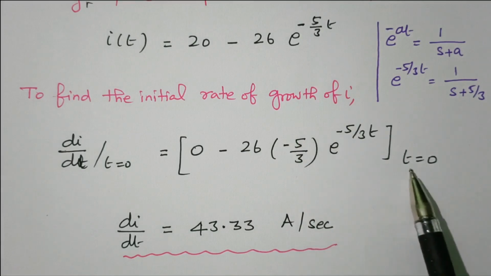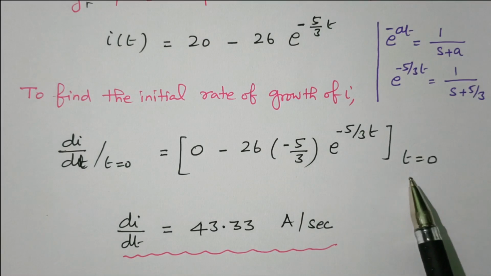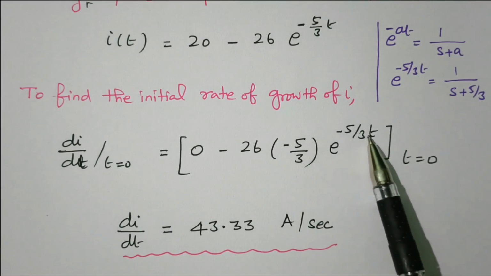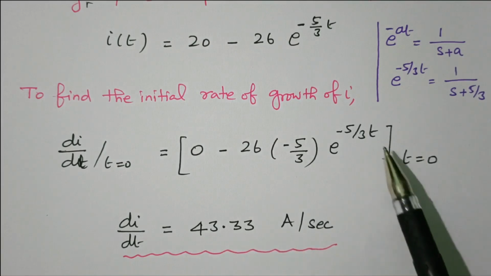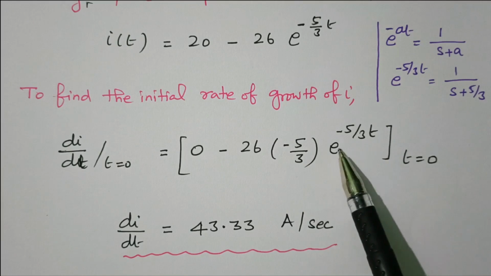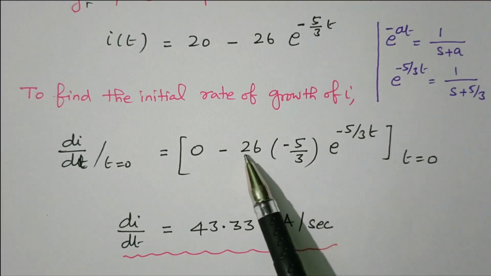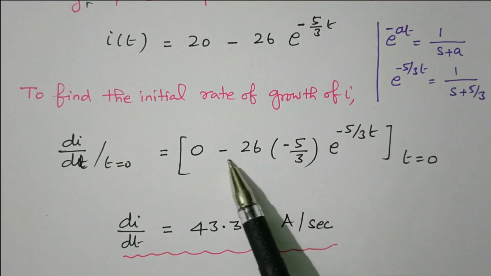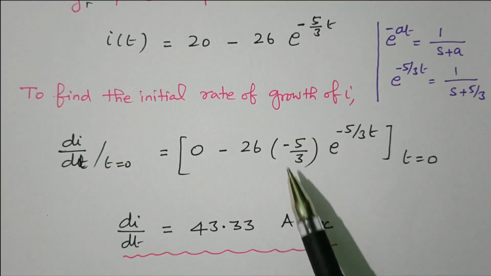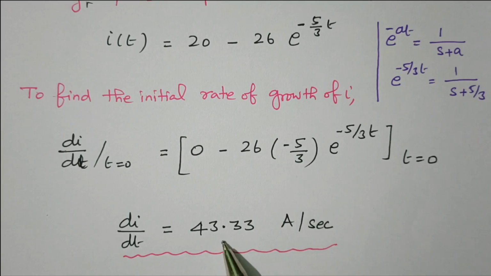At t equal to 0, e power 0, only what we have is 26 into 5 by 3. Negative available 2 times. So 26 into 5 divided by 3, we got 43.33 ampere per second.